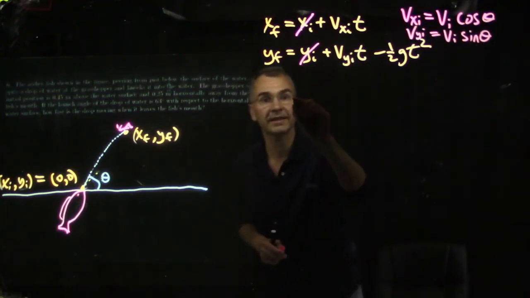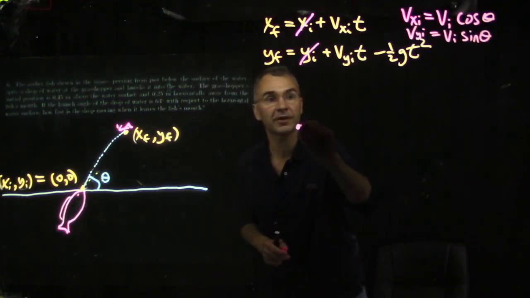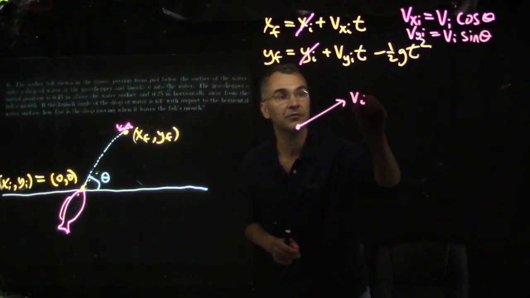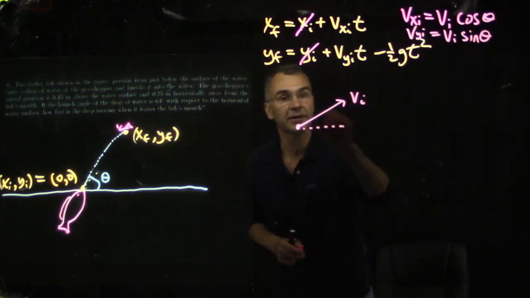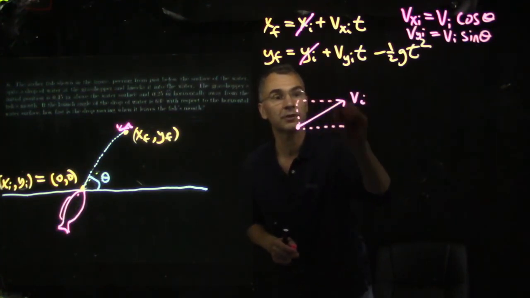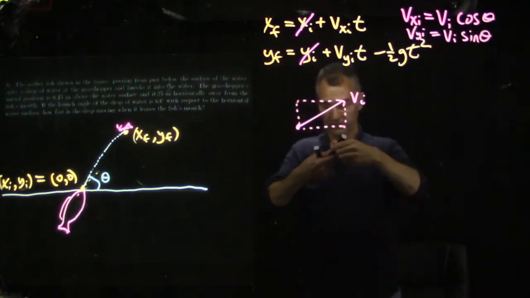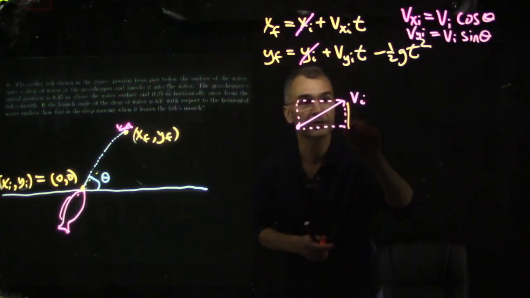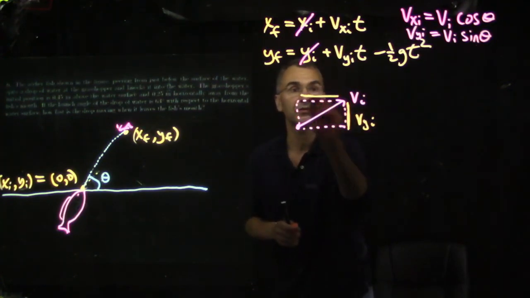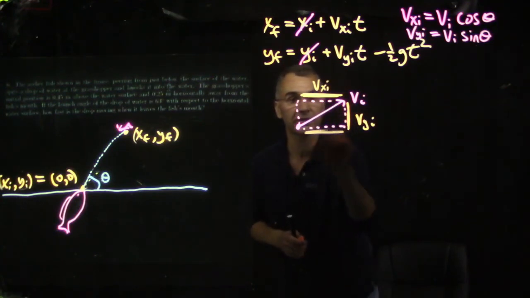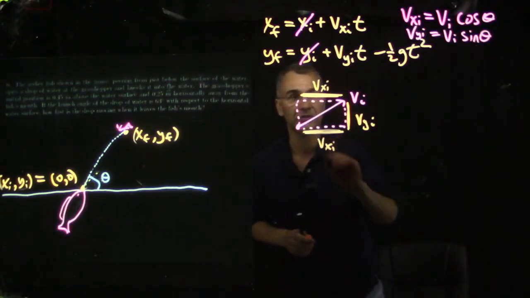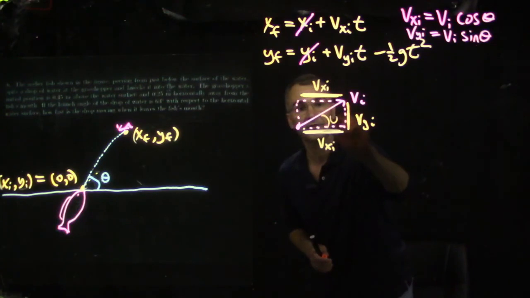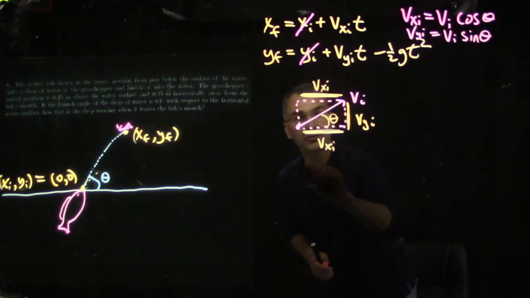The way we get that is we can say, okay, here is v initial, and we can split it up into components. So this is vy initial, and this is vx initial, and this is theta.